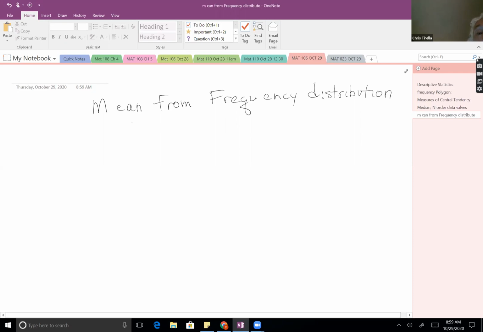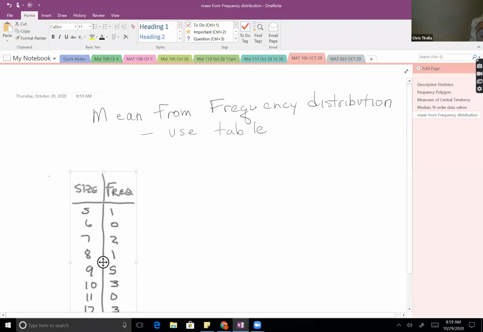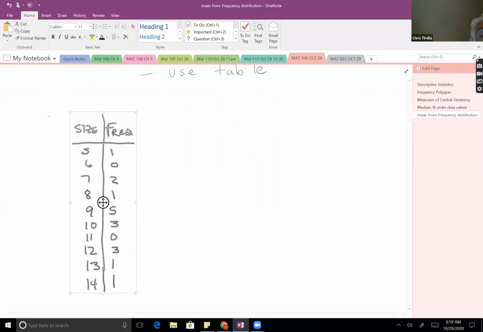And to find the mean from a frequency distribution, I use a table. And so I'm going to paste in and use our shoe sizes again. The sizes would be my data values.